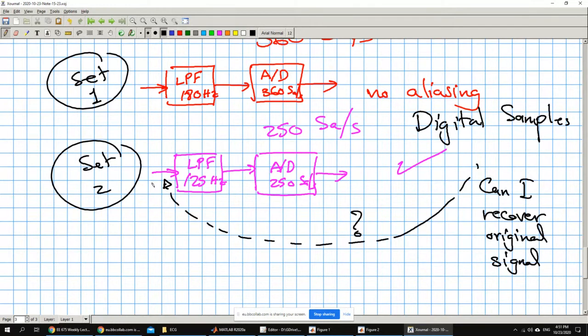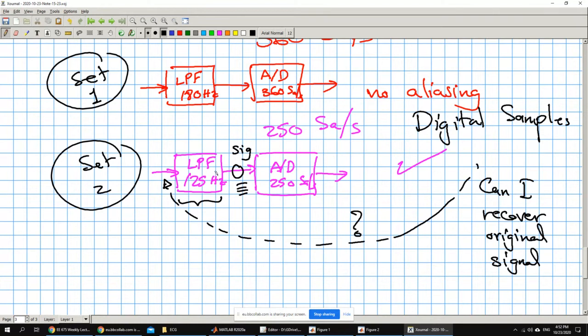Actually, you are right, but the reason is very important. You apply the filter here, and then whatever you sampled are samples from this filtered signal. So what you can recover is the signal here only. You cannot recover this because you threw away these frequencies.